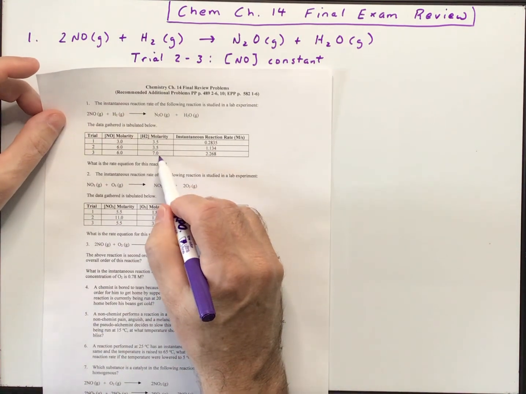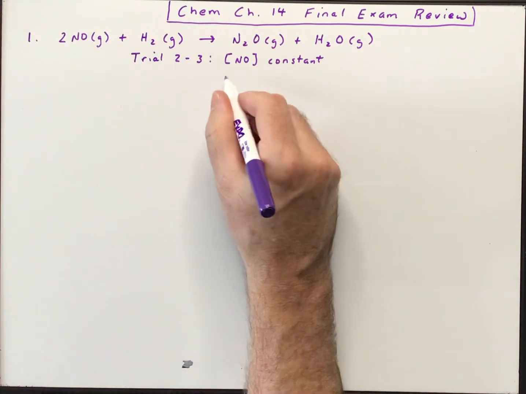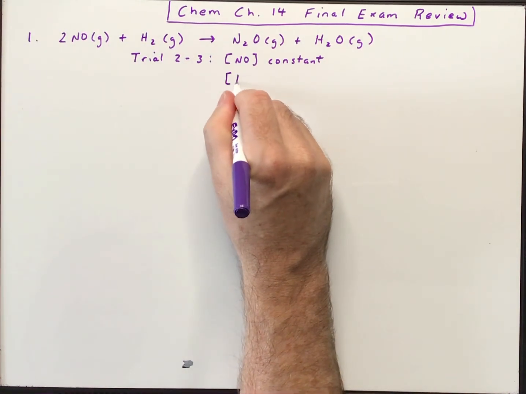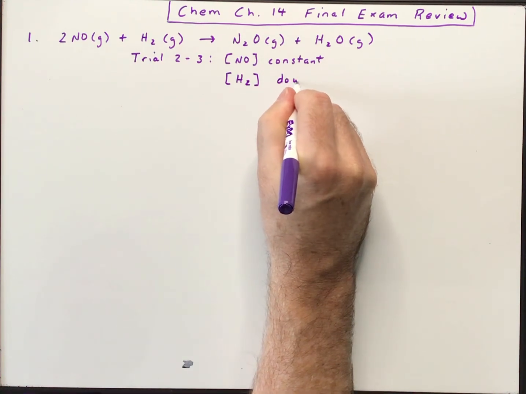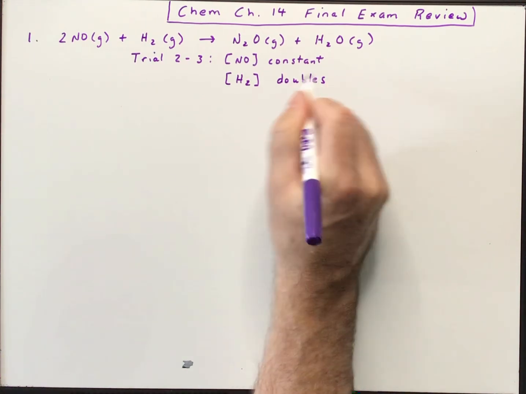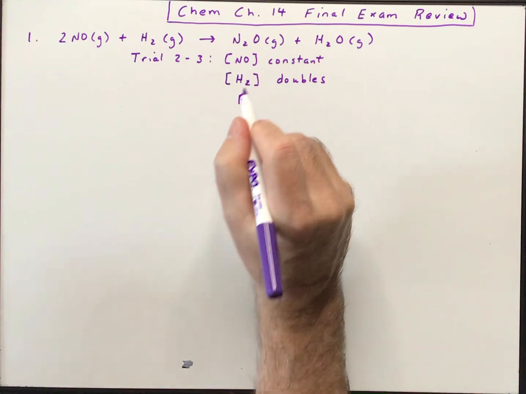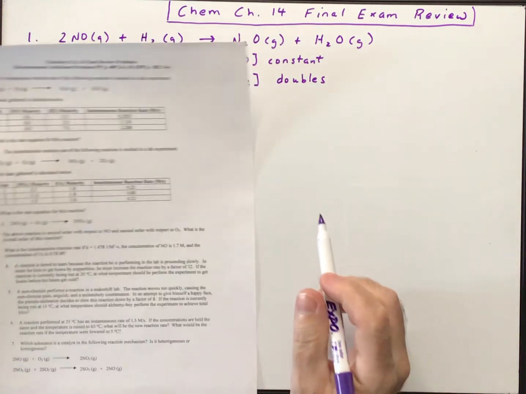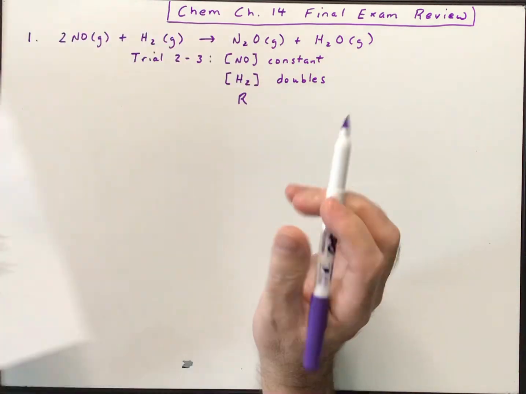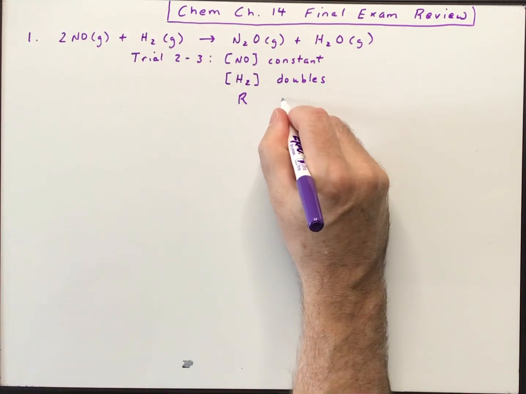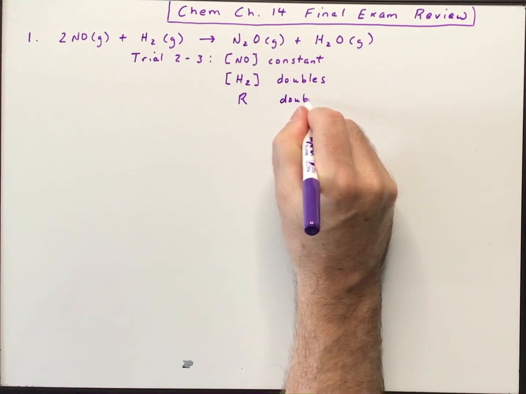Well, it goes from 3.5 to 7, so it doubles. Now, the reaction rate between 2 and 3 goes from 1.134 to 2.268. That is a doubling, so the reaction rate doubles.